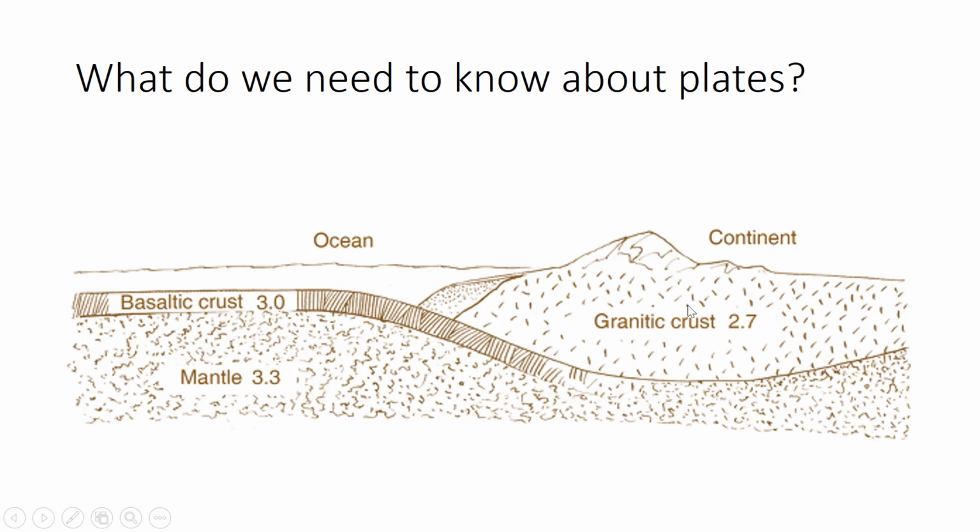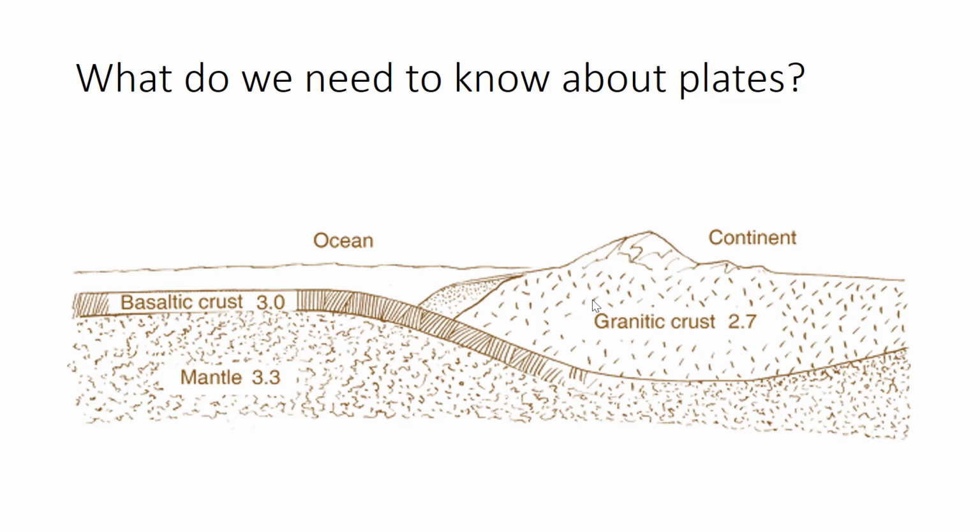So these are heavier than water, but they are lighter than the basaltic rock, and therefore float on top of basaltic rock. And so the reason why the continents are not the basin where everything runs like the oceans are is because the rock forming those continental plates is less dense than the rock forming the oceanic plates.